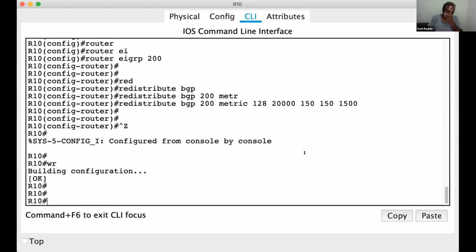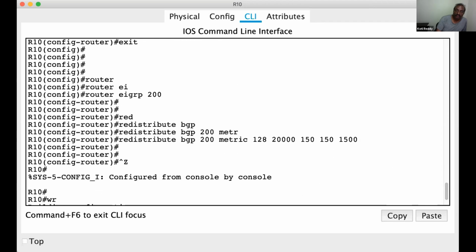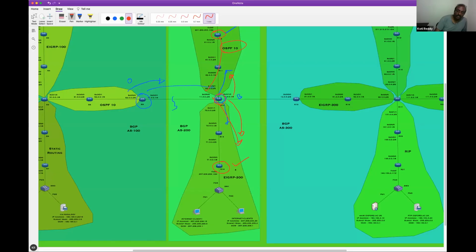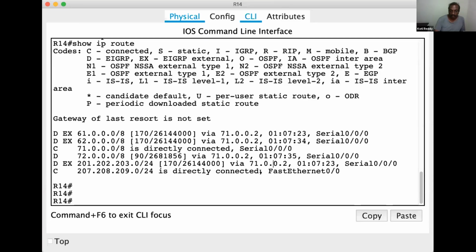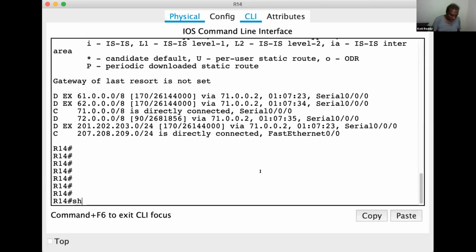Once I do this in R10 router, now if I go to this R14, I should see those routes. So I go to R14 now. There, I give the command show IP route.